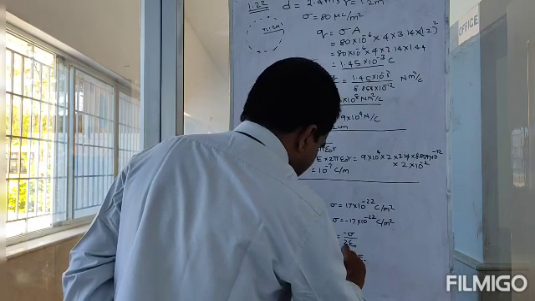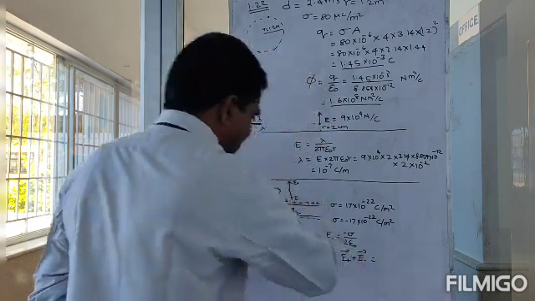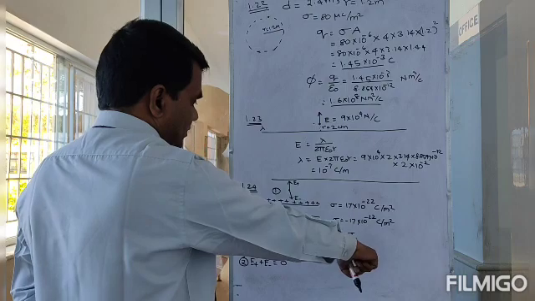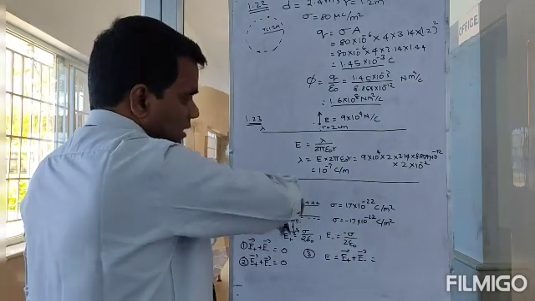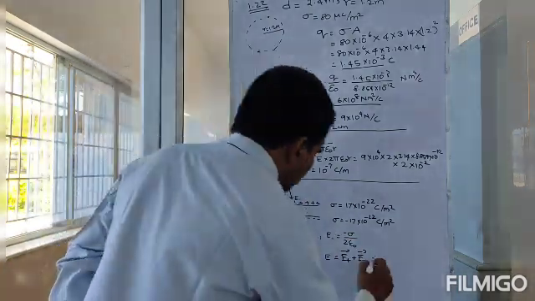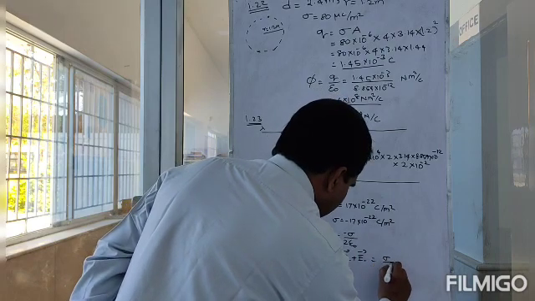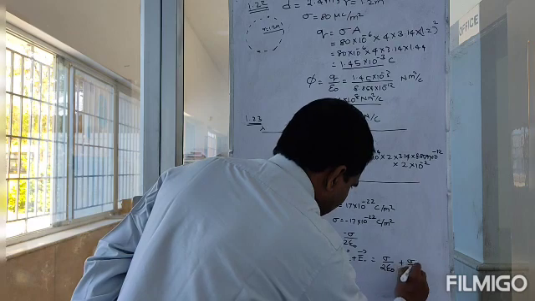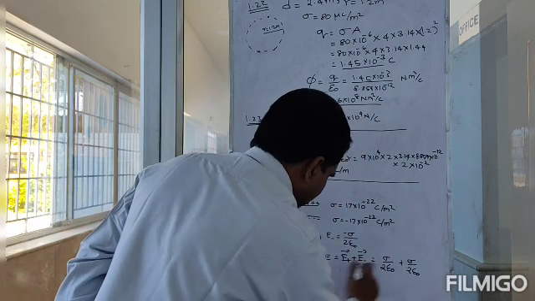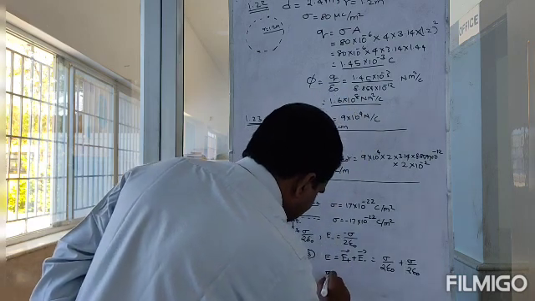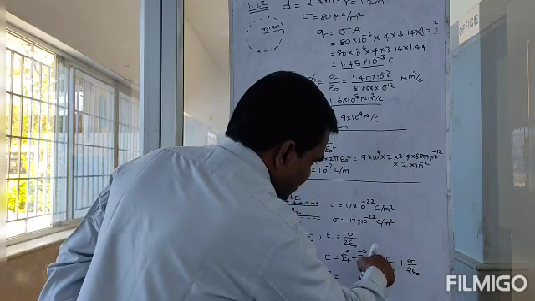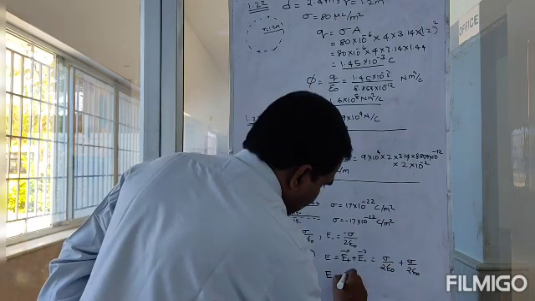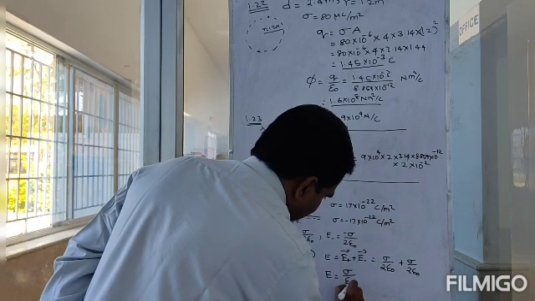So in both cases the vector is again a vector, but then E minus vector is in the same direction as E plus vector. So I will have sigma by 2 epsilon naught plus sigma by 2 epsilon naught. When I add them, my E is going to be equal to 2 sigma by 2 epsilon naught, so I will get sigma by epsilon naught.